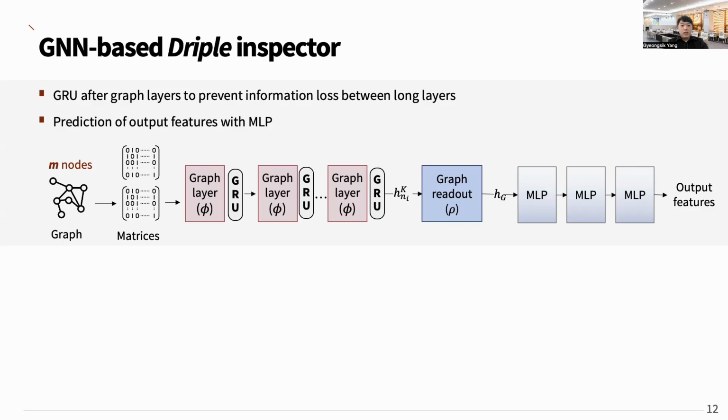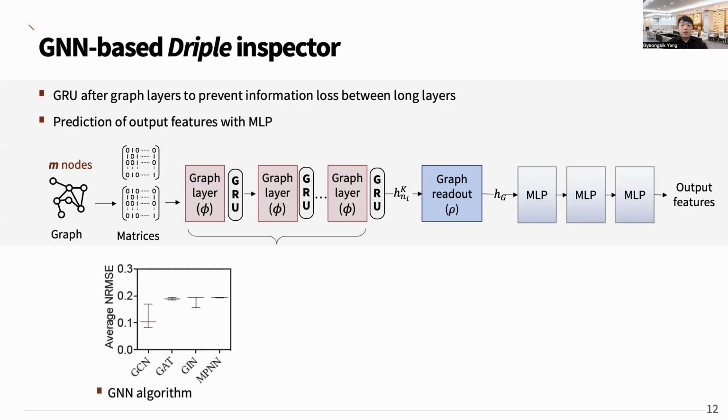In addition, to select an algorithm for graph layers, we empirically experiment with 4 representative GNN algorithms. And then we use GCN, Graph Convolutional Network, that shows the lowest prediction error. Also, to determine the number of graph layers, we conduct another experiment.